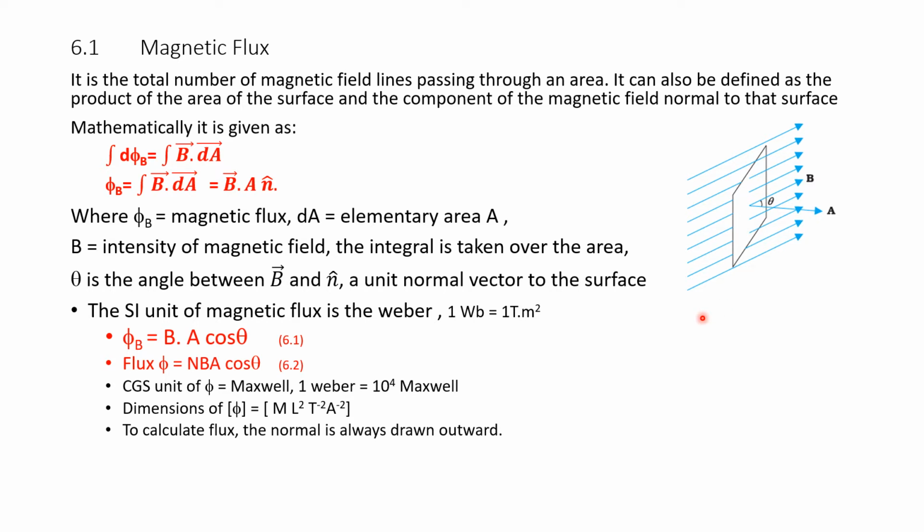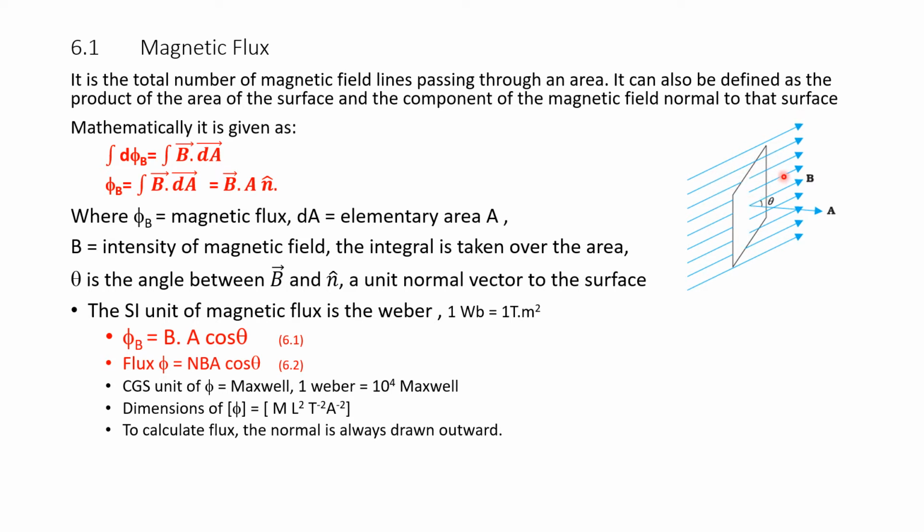So we will repeat once again section 6.1. Magnetic flux is defined as the total number of magnetic field lines passing through that area. See here, some flux lines are passing through the area, some are not.